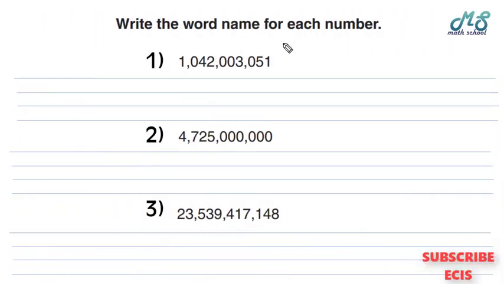Write the word name for each number. Word name means the number in letters. We have 10 digits: 1 billion, 42 million, 3051.